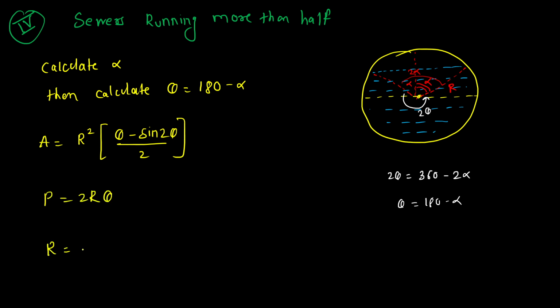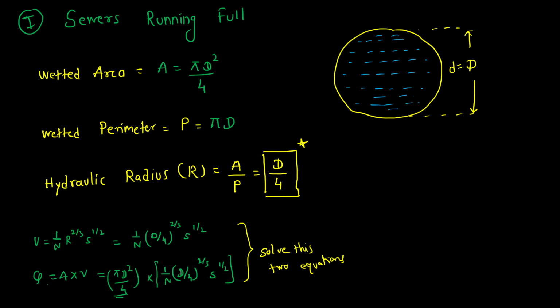Then r is equal to hydraulic radius, A divided by P. So with this now you can calculate the discharge and velocity, weighted area, weighted perimeter. All the design parameters are completed in the 4 cases.